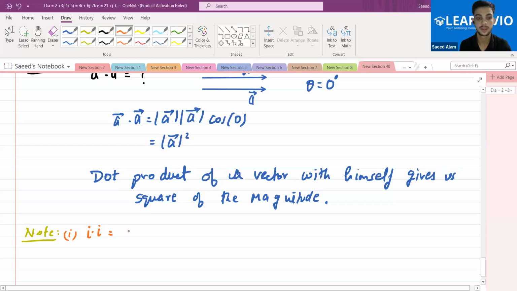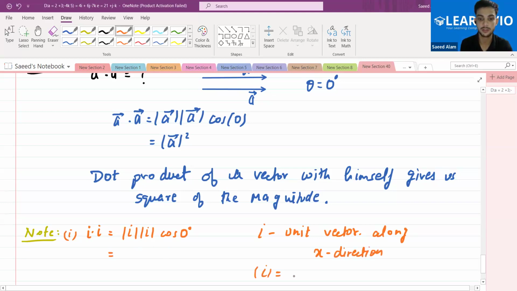Have I told you anything special about I? What is I actually? Here the cos 0 will come. It is along the x direction. So what is the magnitude of I if it's a unit vector? 1. So what will be I dot I? That will be 1.